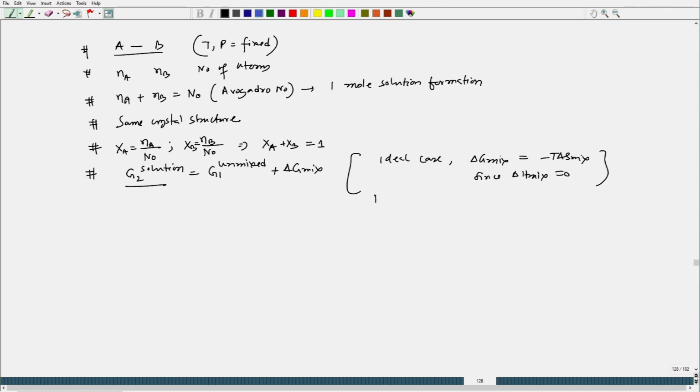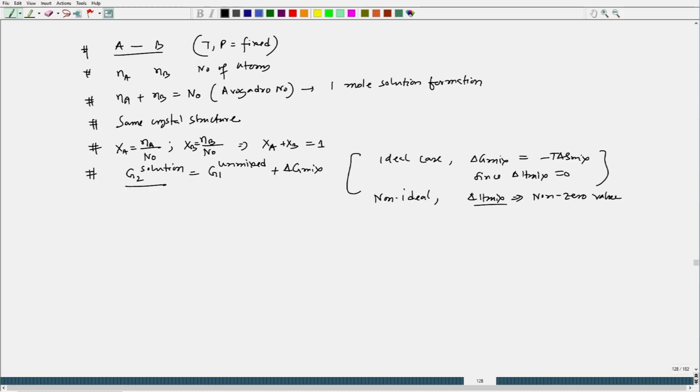But when we talk about the non-ideal case, at that time we have to consider del H mix in the expression. And then the pattern of the free energy plot for del G mix as well as G2 solution will be changed. So, this will be a non-zero value. We will see later whether it becomes positive or negative, and how it changes.